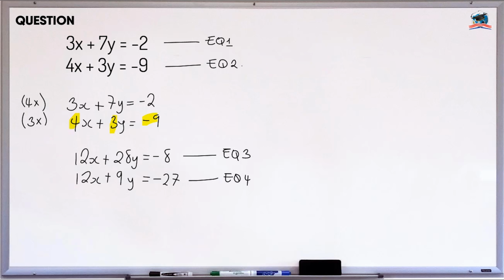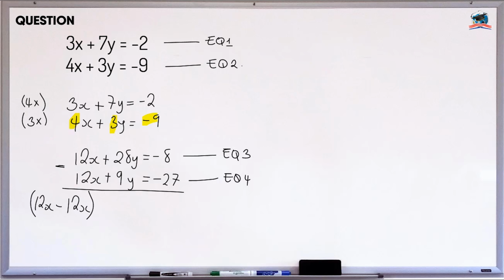Now here, what are we going to do? Are we going to subtract or add? We will subtract. We know that here we have 12x minus 12x will give us 0. That is what we want to achieve. Let's subtract. Let's write it out in an equation style. We have 12x, we will be subtracting 12x. Of course, that's going to give us 0.